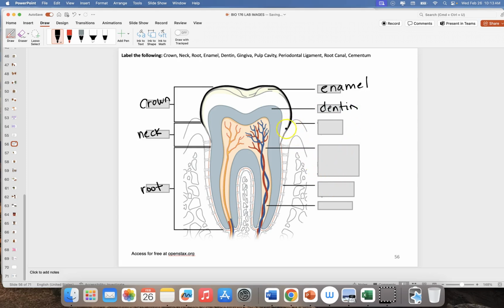And then here we can see the tooth sitting in the jaw. This would be the gum or gingiva. And if we continue moving in, we get to this cavity known as the pulp cavity.